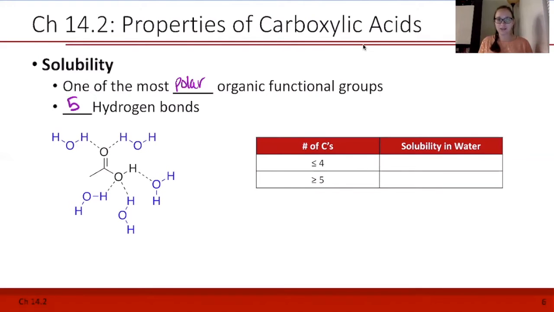So it pretty much makes these molecules the most soluble compounds that we have in terms of types of functional groups. So this makes it so that if you have 4 or less carbons, you have a soluble compound. Or if you have 5 or more, you have a slightly soluble compound.